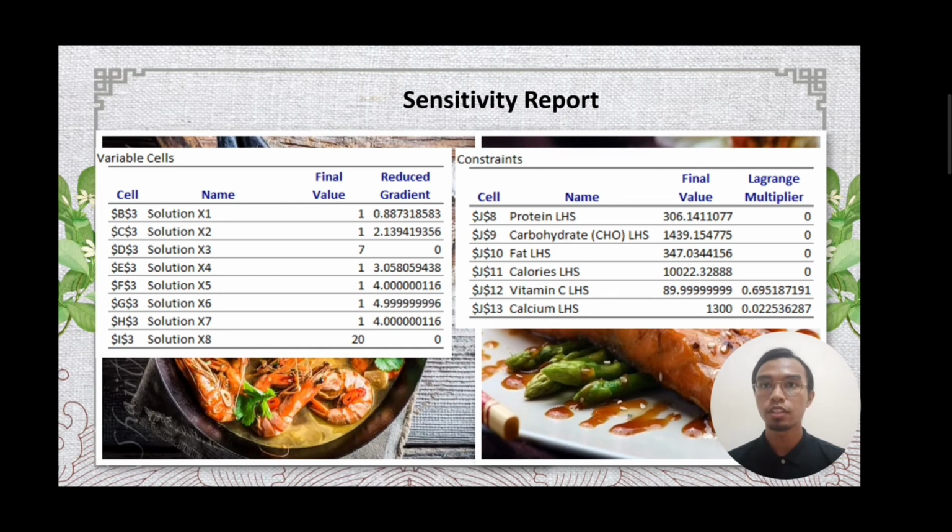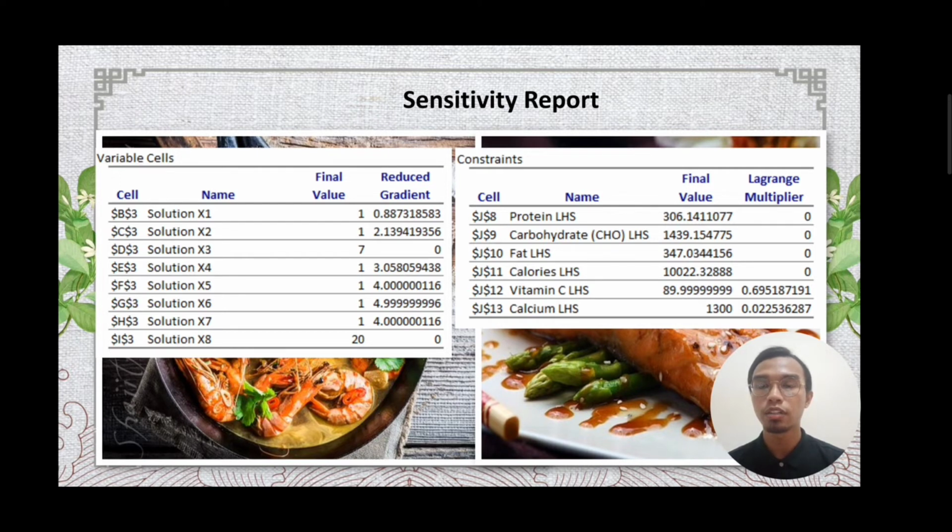Okay, this is the sensitivity report. As you can see, the left side table is variable cells and the right side table is constraints. We have 8 solutions with a final value, and 2 of these final values are higher than 1, which are the solutions for x3 and x8.